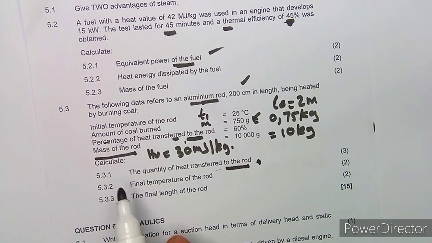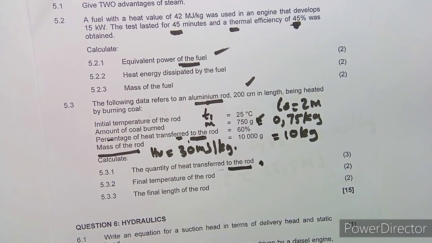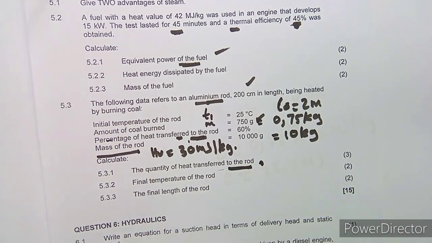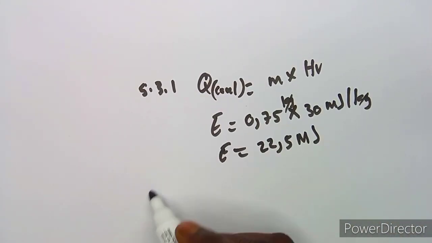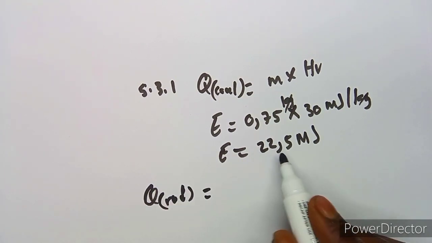But they are saying there is a transfer of 60%, which was transferred to the rod, and that is the one that we need. So we are going to find 60% of this, which means our Q for the rod, which is the aluminium rod, is going to be 60% of this.